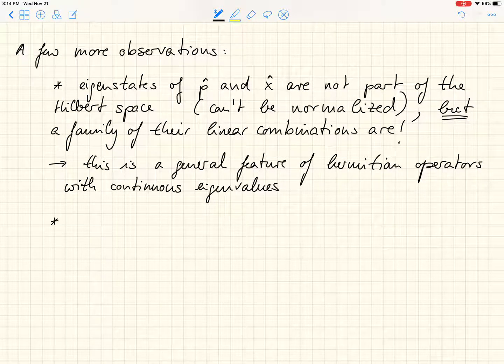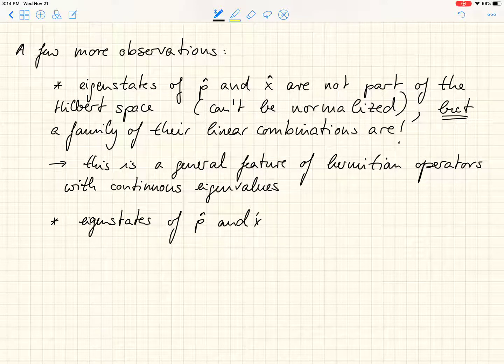And again, eigenstates of P and X are very useful, though. We have seen this when we studied scattering in one-dimensional potentials and wave packets.